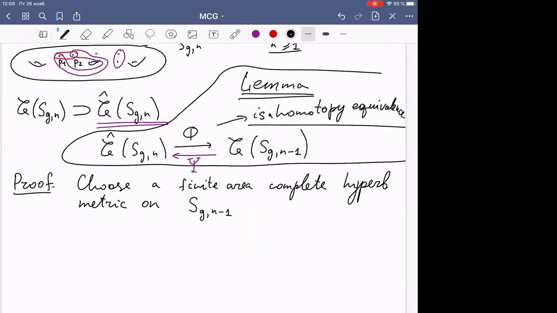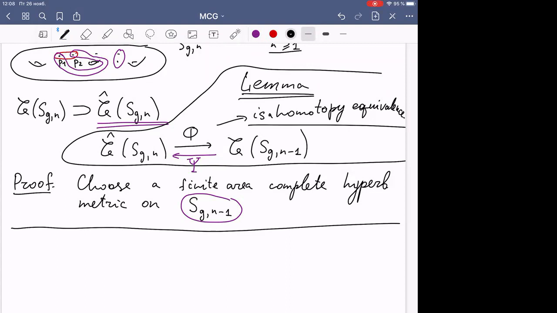Well, this is possible only if the Euler characteristic of this surface is negative. But if this Euler characteristic is non-negative, it is not hard to see that, in fact, both complexes are empty. So there is nothing to prove in this case. So we may assume that the Euler characteristic is negative. Then we have a finite area complete hyperbolic metric.